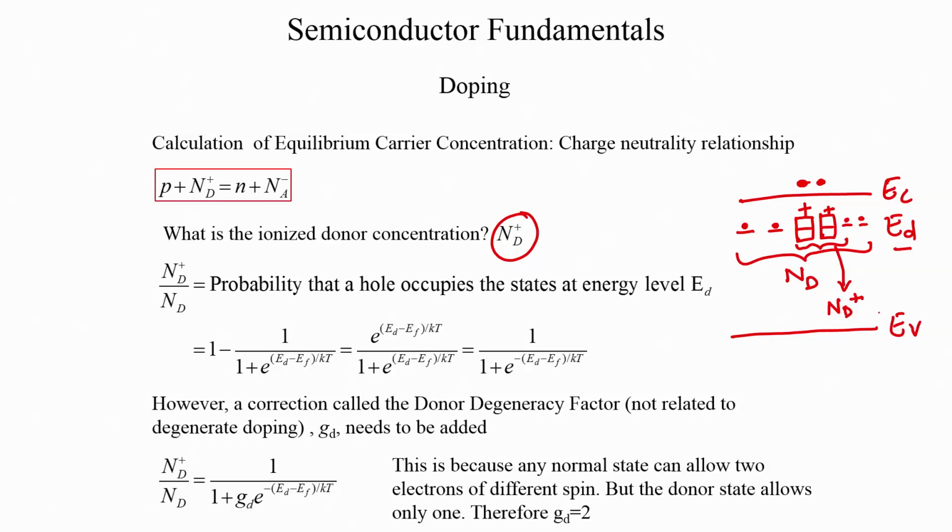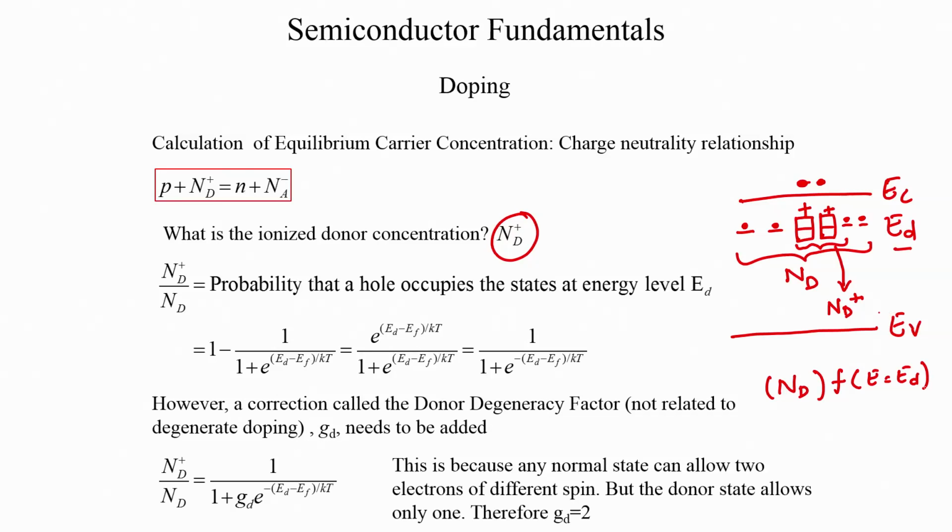So, if you ask yourself how many electrons occupy the states at energy level Ed, the answer is the number of states available. So, we will say there are Nd states available per unit volume, into the probability that an electron occupies the state, which is nothing but the Fermi function at E equal to Ed.